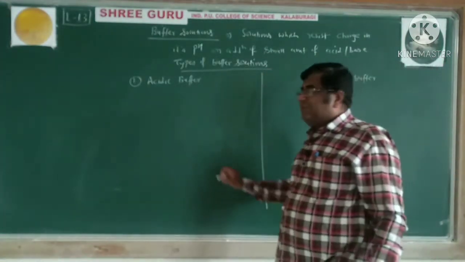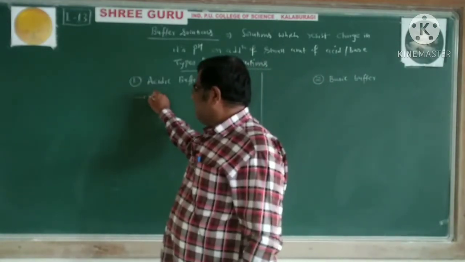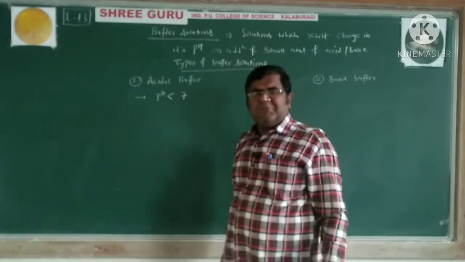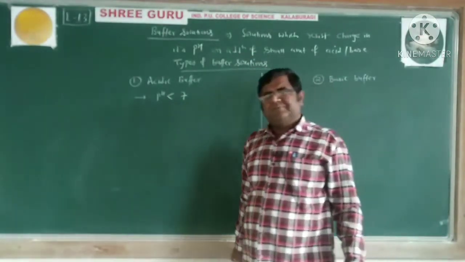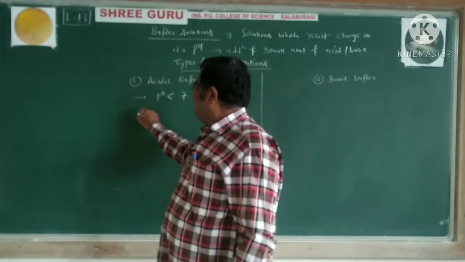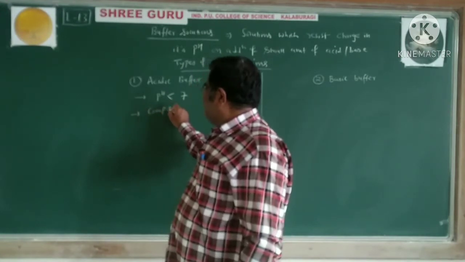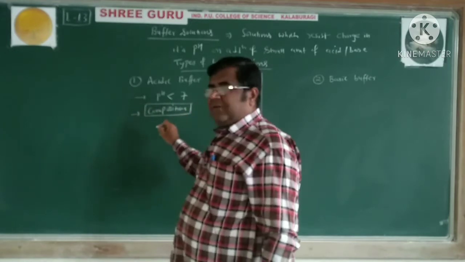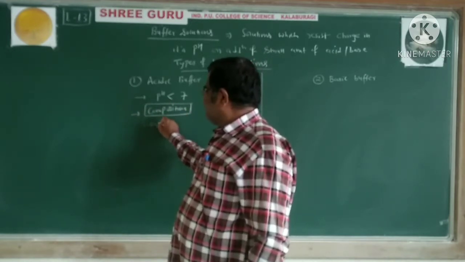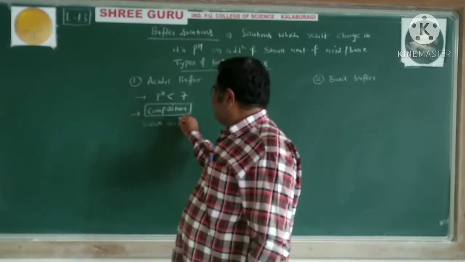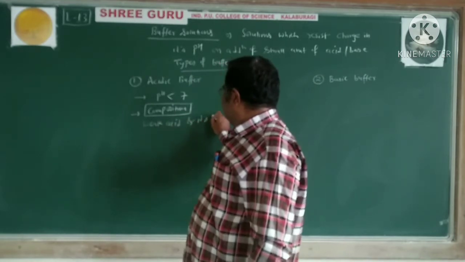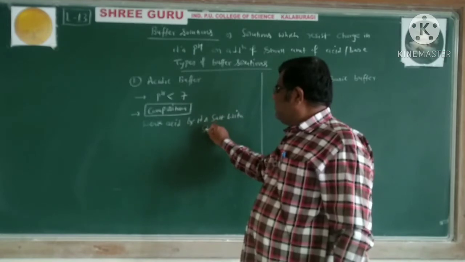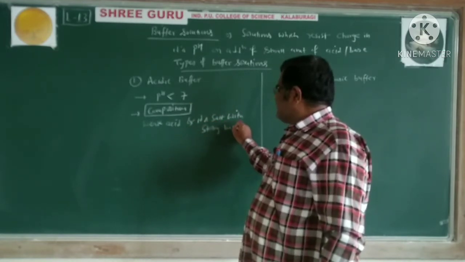Now in an acidic buffer, the first point is that pH is less than 7, because that's what we mean by acidic buffer. Then, what is its composition? How is it made up? It is nothing but a weak acid and its salt with a strong base.